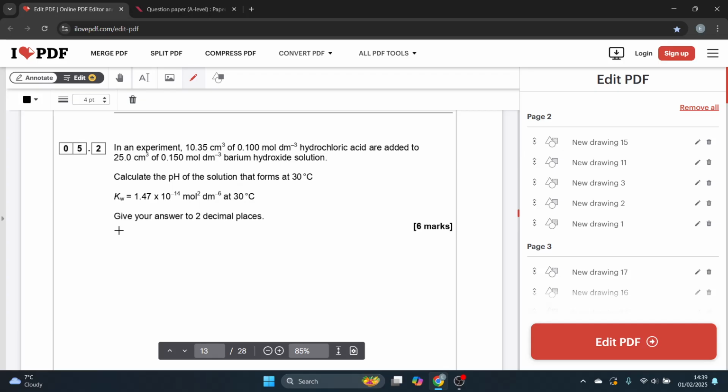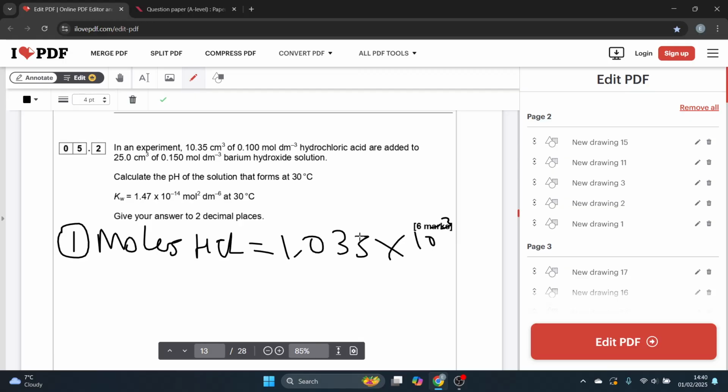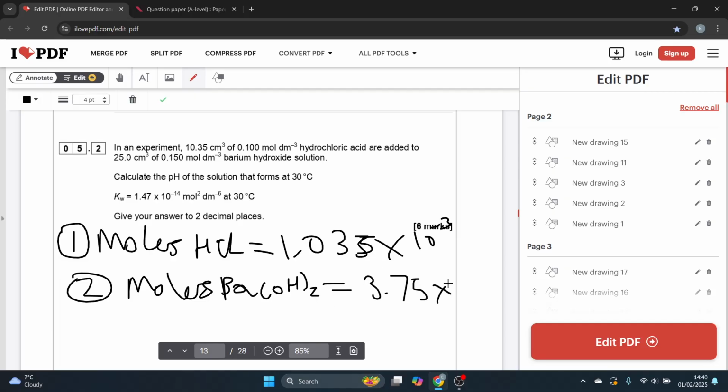So, first thing I would do is 10.35 divided by 1,000 times 0.10. Now I've got the moles by using moles equals concentration times volume.